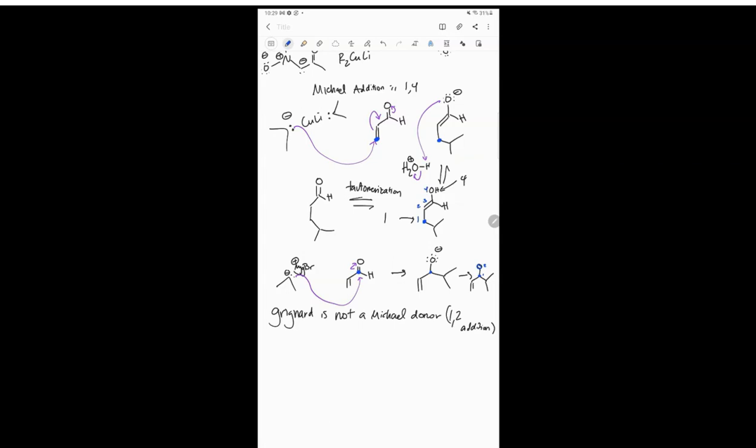So the oxygen that grabs the hydrogen is the fourth atom, relative to our first atom, where we actually make the attack happen. So again, 1, 2, 3, 4. We add something to atom 1, we add something to atom 4. In a 1,2 addition, we add something to atom 1, something to atom 2, meaning those are adjacent atoms.